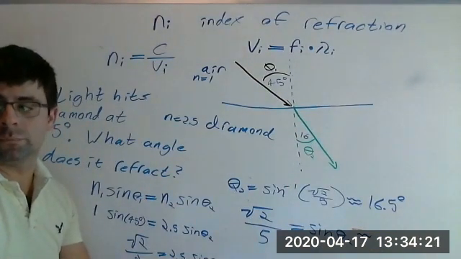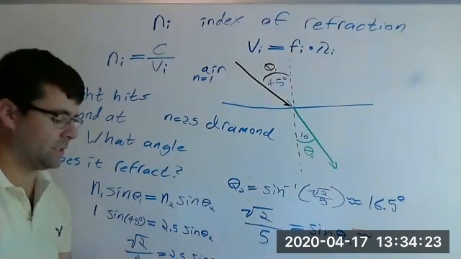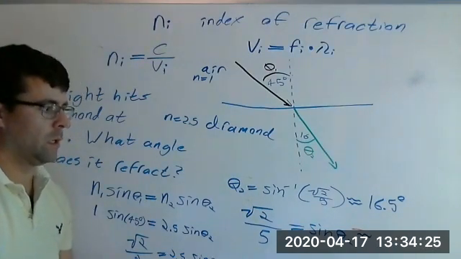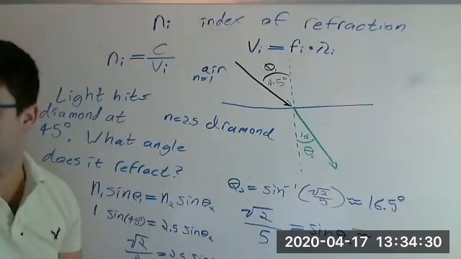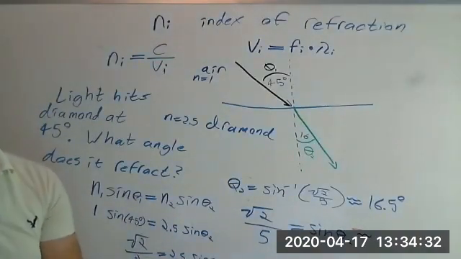Okay, so this is refraction. This is about as simple as we can go with it. It's just solving this equation for the one that you don't have.